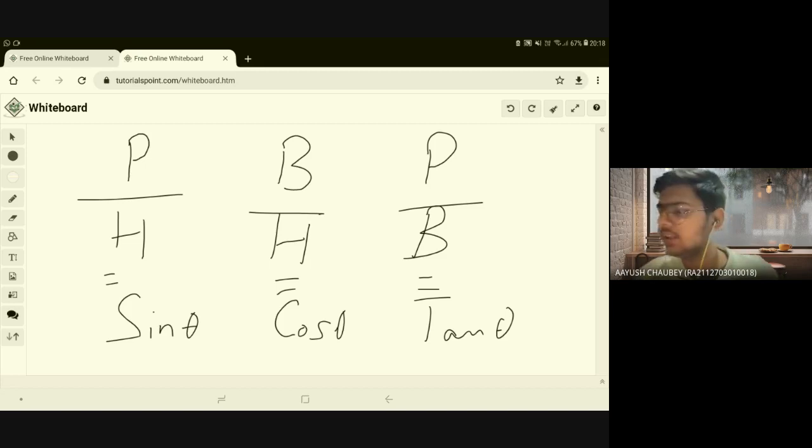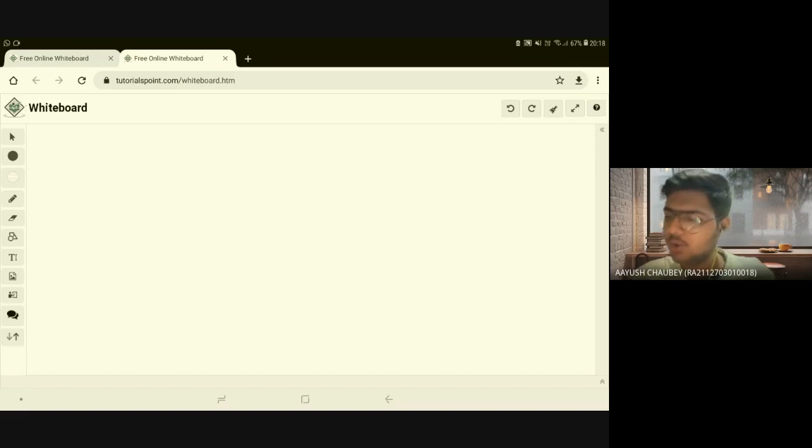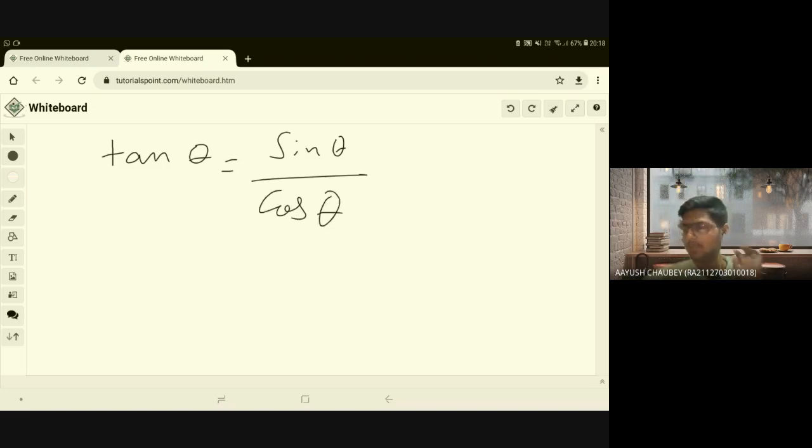So other than this, we also know that tan theta is equal to sine theta by cos theta. So let me tell you why.